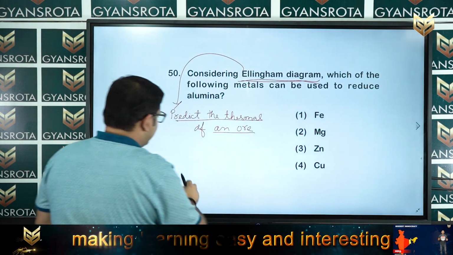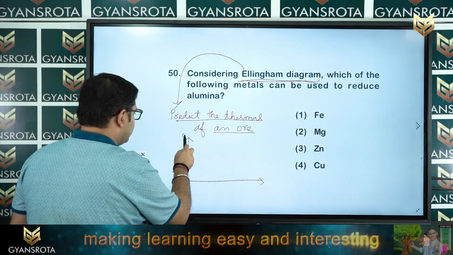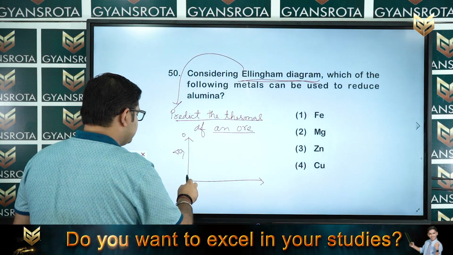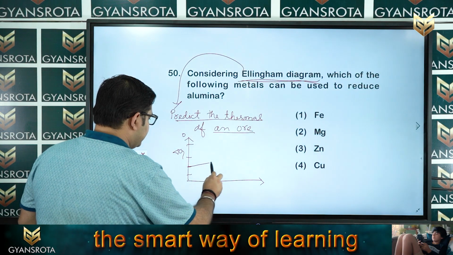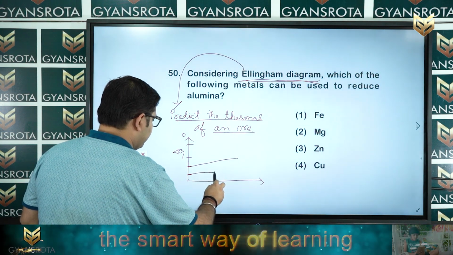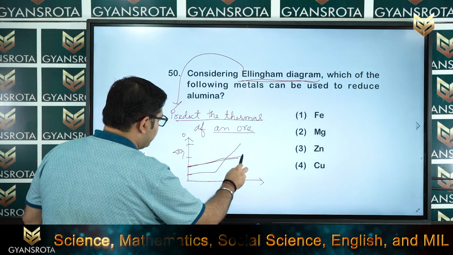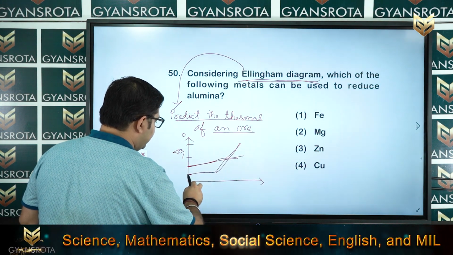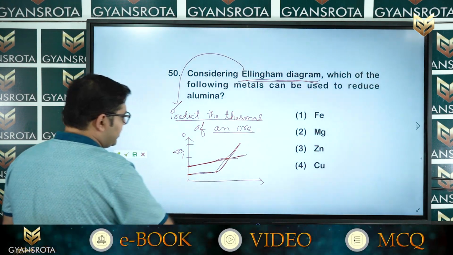So, you will get a graph like this. Here they are giving your delta G values, and for alumina you will get this, for the other one you will get this kind of graph, and this graph is already given in your NCERT as well as in your theoretical part.